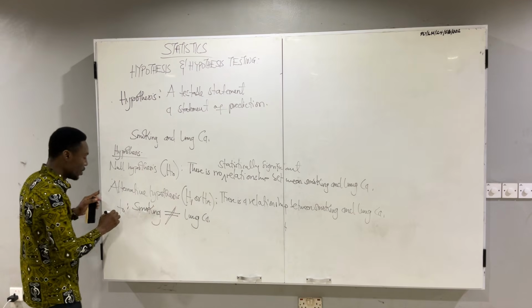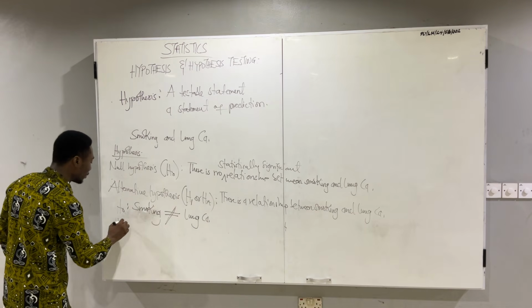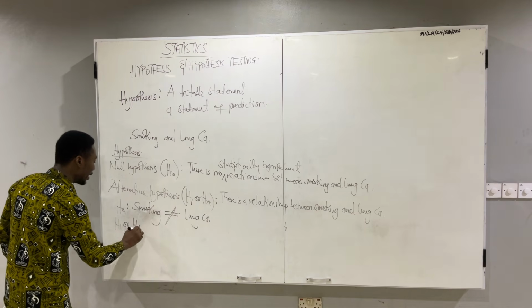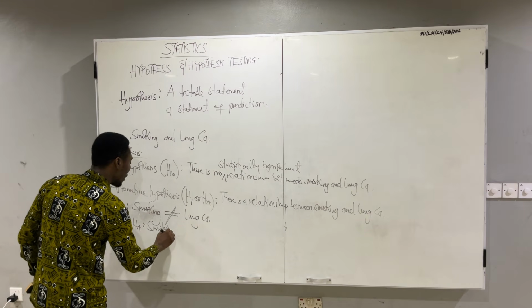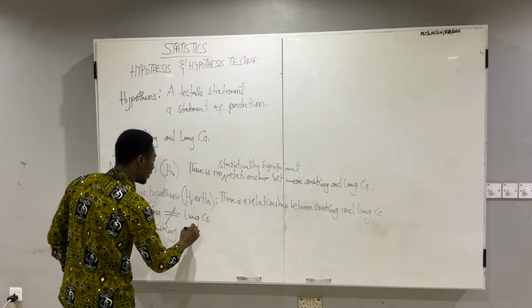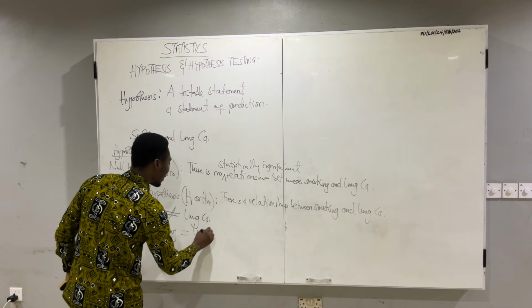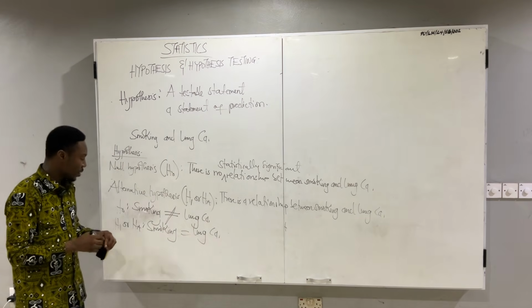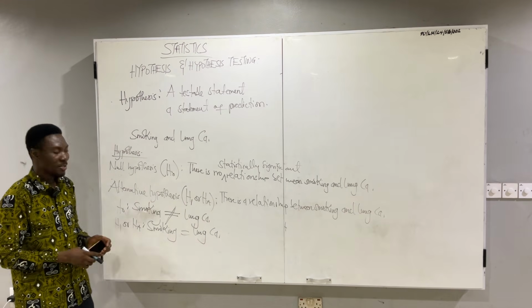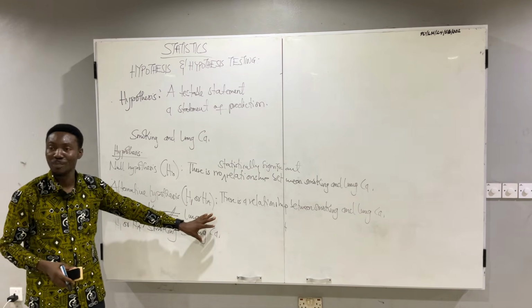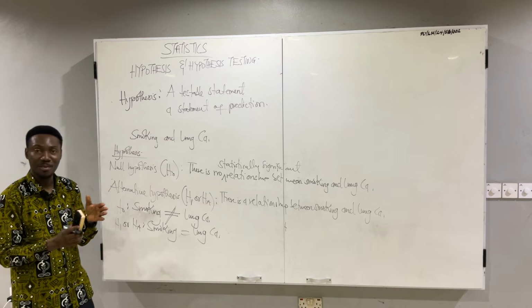It's also correct. You can also write H1 or HA, smoking is equal to lung cancer. This one also means there is a relationship between smoking and lung cancer. So in some books, this is how they are going to present it. It's the same thing. It depends on how you understand it.